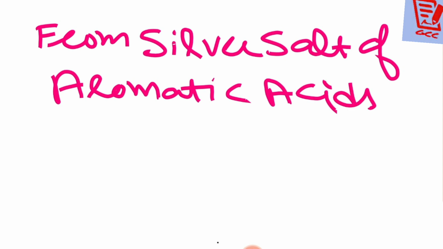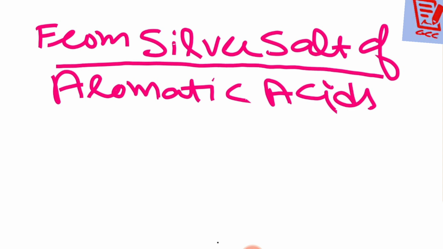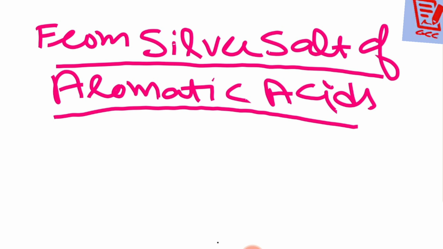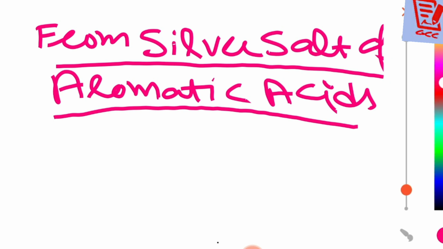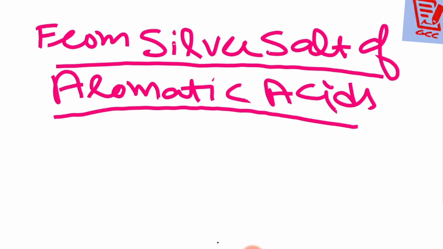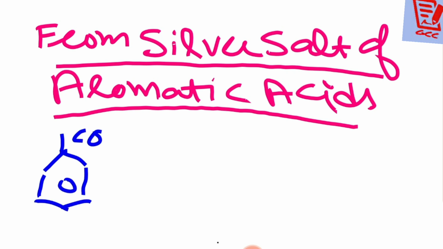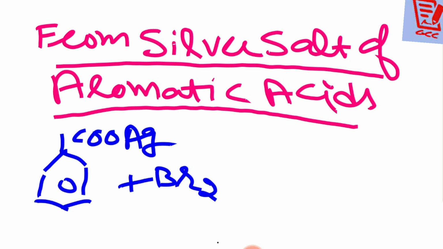So beta, you might remember when we prepared the haloalkane, there also we had done one reaction like that. But there it was RCOOAg, but in place of R, here we are using benzene COOAg, clear? Plus Br2. All the other things will remain the same.